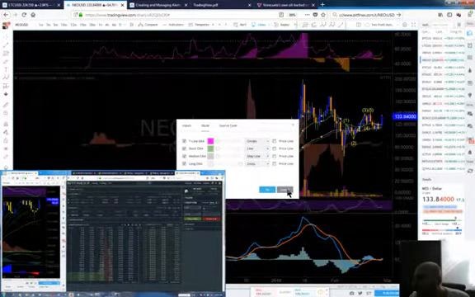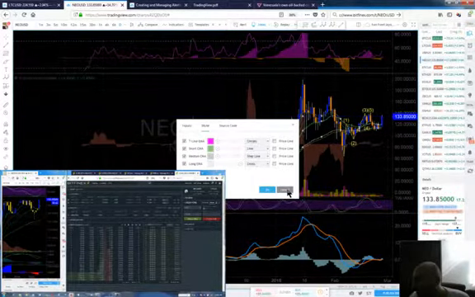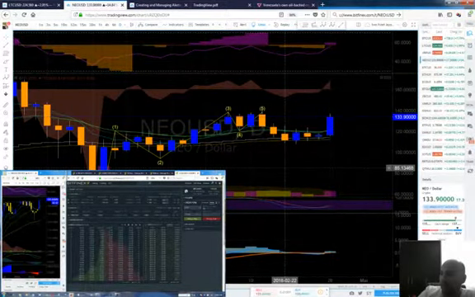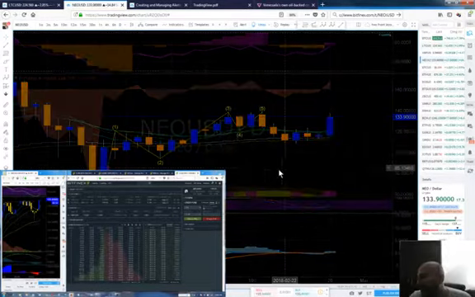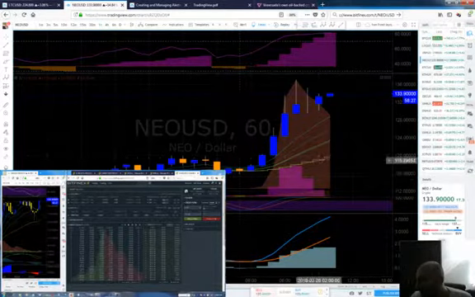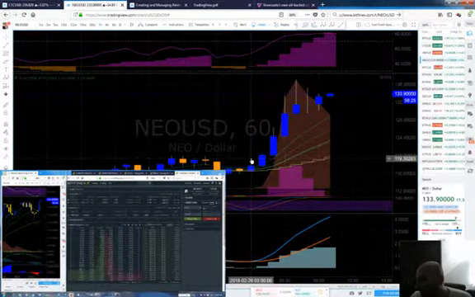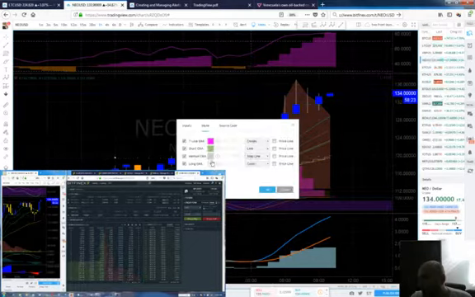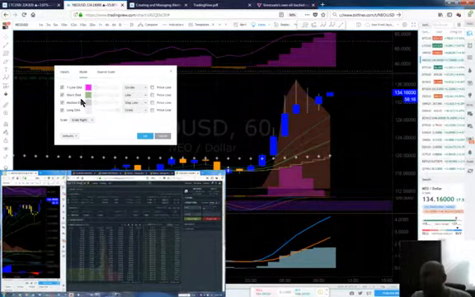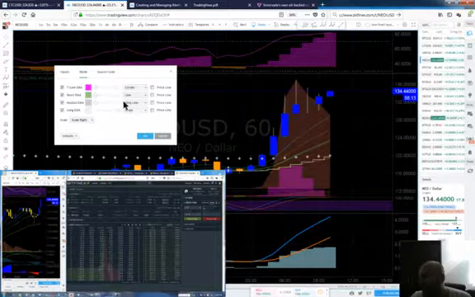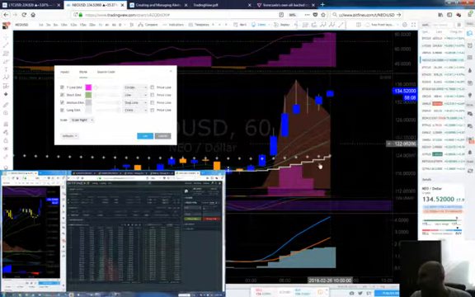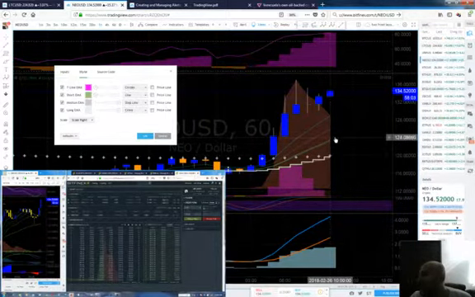Okay, because it's fairly newer than Bitcoin, it doesn't have the 200 on a daily. But in the 60 minutes, which is the next one I'm going to be looking at, it does, and it's just going under. This is going to cross, and watch this. Those plus signs are going to go under this cool line, and this will signal a possible cool uptrend for Neo.